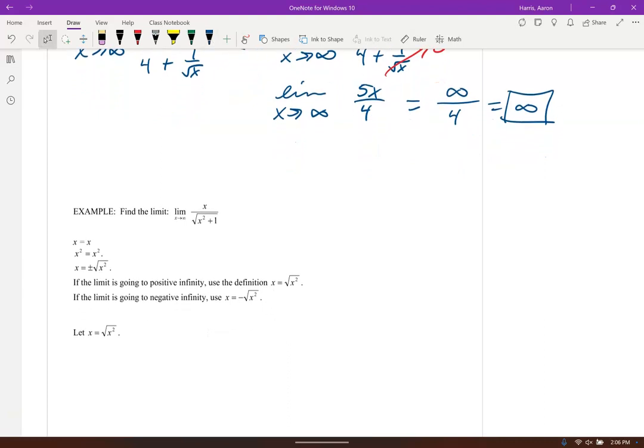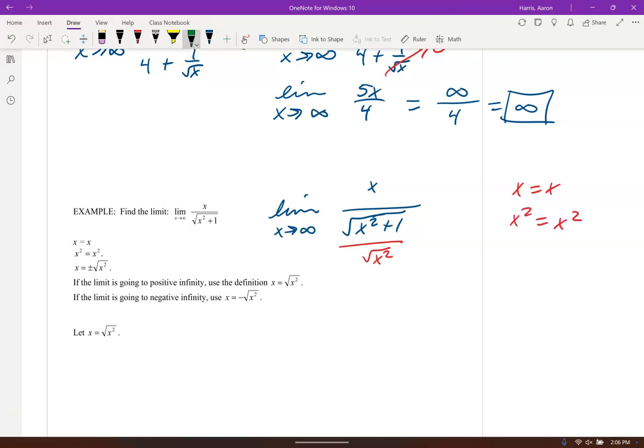Now this one, when I'm looking at this, you've got x and you've got this square root of x squared plus 1. So I want to divide by the square root of x squared, each of these terms, in other words, the whole thing. But you got to be careful, right? Because if x equals x and I square both sides, I got x squared equals x squared.